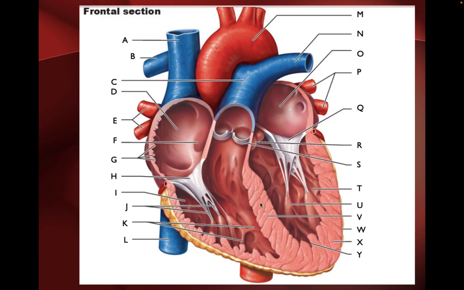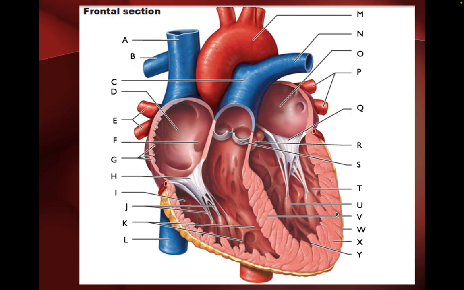This is the left ventricle, and we said before that the left ventricle is a lot bigger. You can see the cardiac tissue here is very thick compared to the right ventricle. It has to have a lot of muscle so that when it contracts, it pushes blood through the aortic semilunar valve and out the aorta.